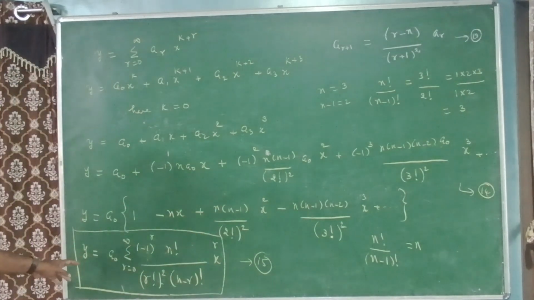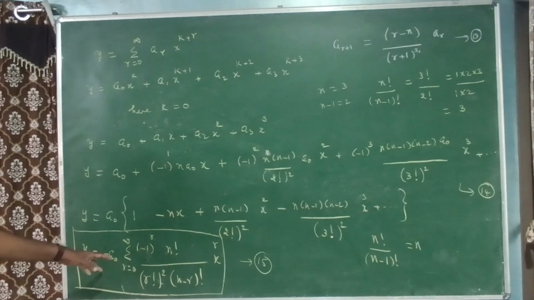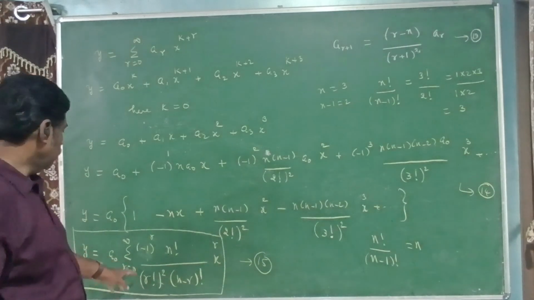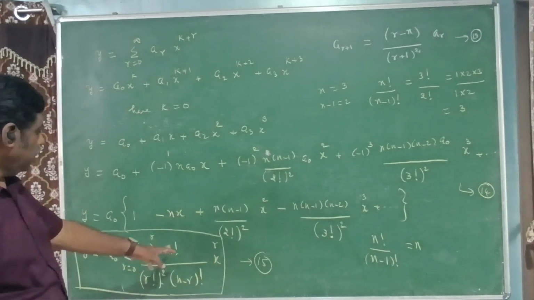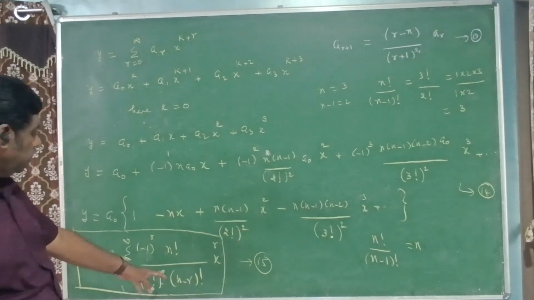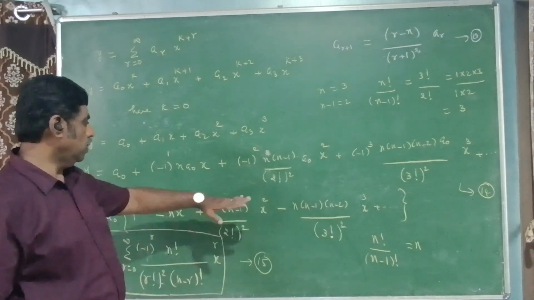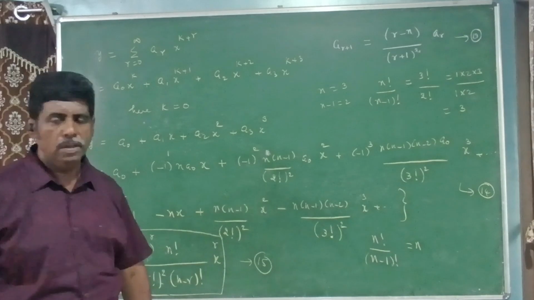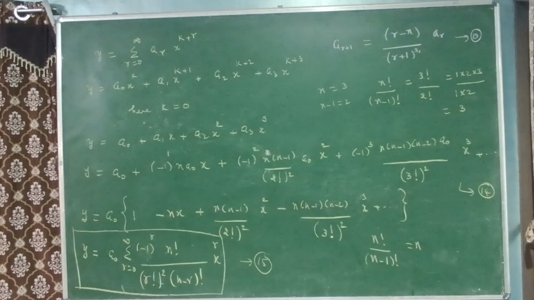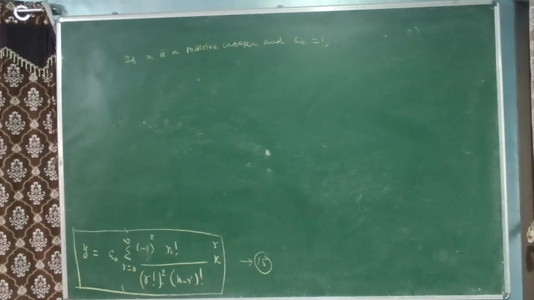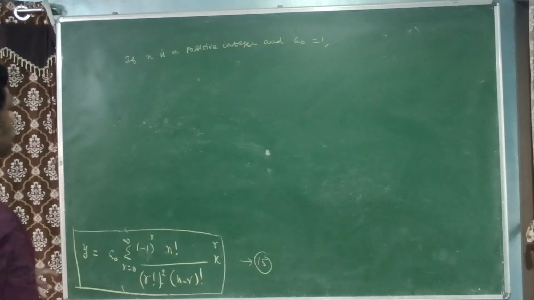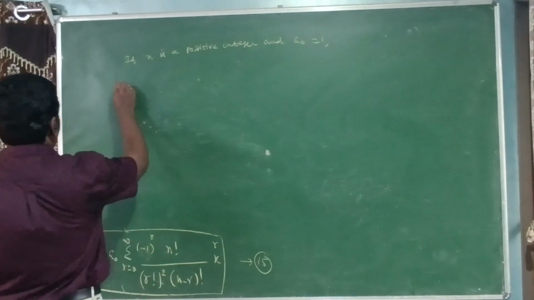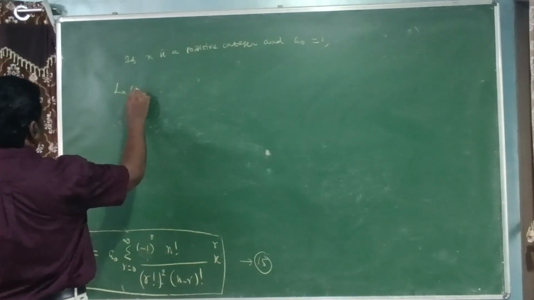So the value of y is equal to a0 summation r equal to 0 to infinity minus 1 power r n factorial divided by r factorial square n minus r factorial into x power r. The above relation is modified in this new form. If n is a positive integer and the value of a0 equal to 1, we can get our Laguerre polynomial.